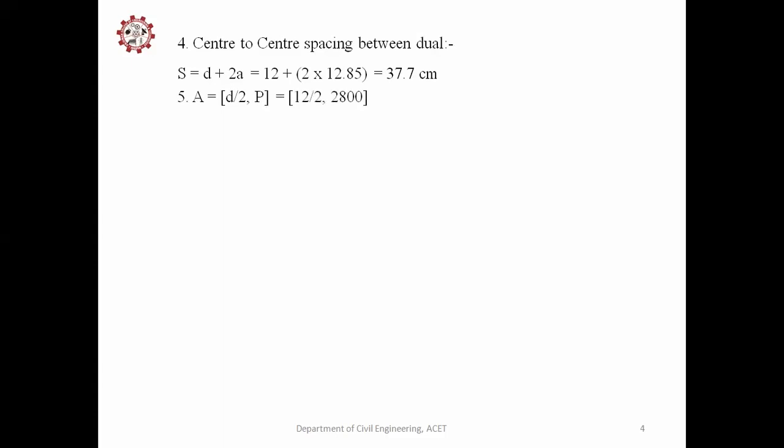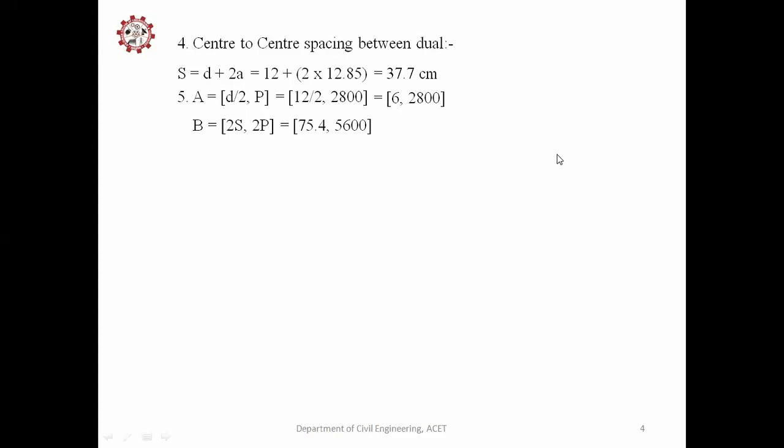Now there are 2 points we need to plot on the graph. So A point is given by D by 2 and P. Here remember P is load on each gear. So it is coming to you as 6 and 2800, and B point is 2S and 2P. So 2 into 37.7 gives you 75.4, and 2 into load on each gear 2800 will give you 5600.